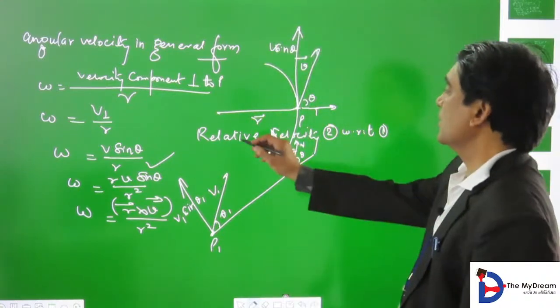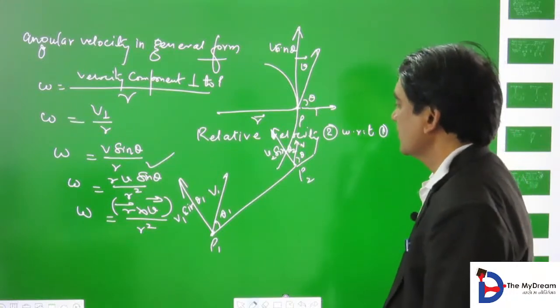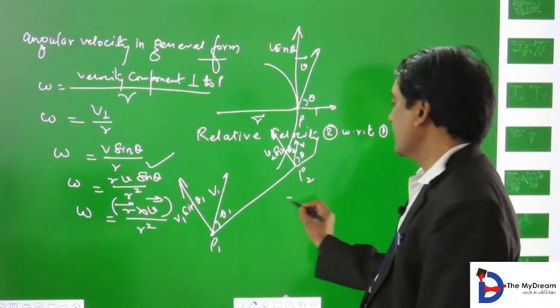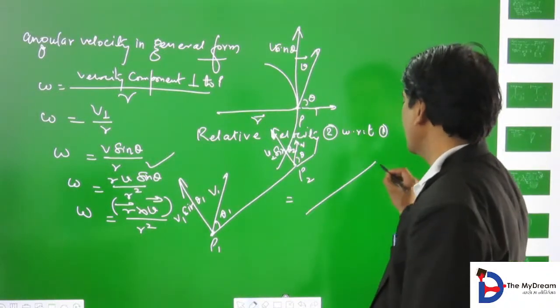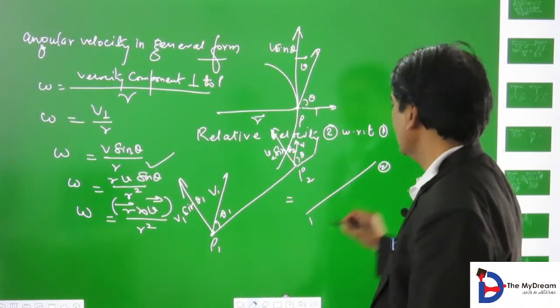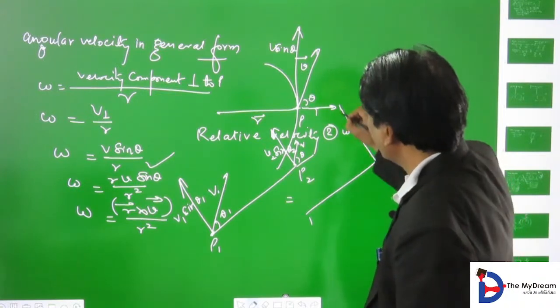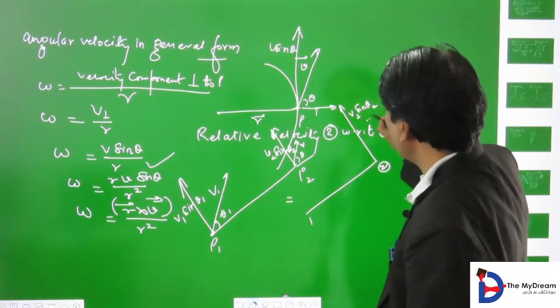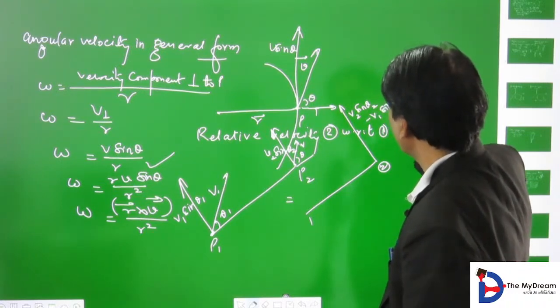And you want to know the relative velocity. Relative velocity of 2 with respect to 1, this is 2, this is 1, then you will get V2 sin theta 2 minus V1 sin theta 1.